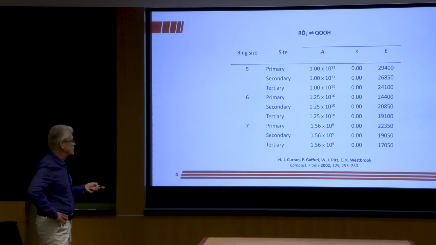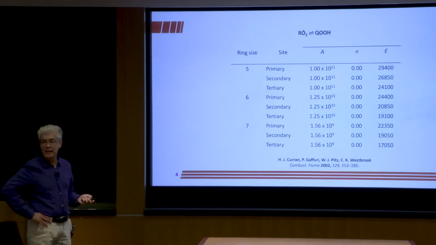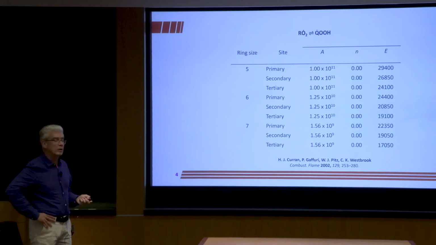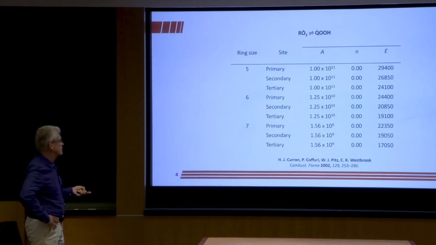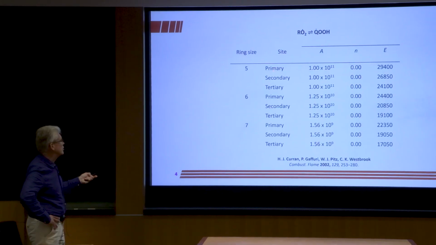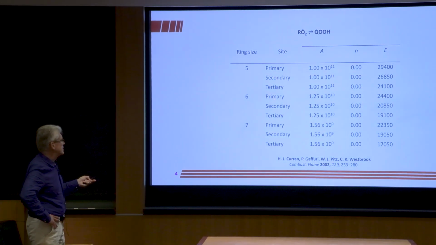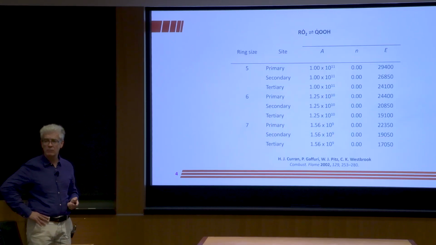And then I'm just quickly recapping. I showed you this yesterday as well, where we had the rule for RO2 to QOH isomerization, and I had tabulated this in 2002. So we have a 5-membered ring involving the transition of a primary hydrogen atom, secondary or tertiary, 6-membered ring, primary, secondary, tertiary, 7-membered ring, primary, secondary, tertiary.